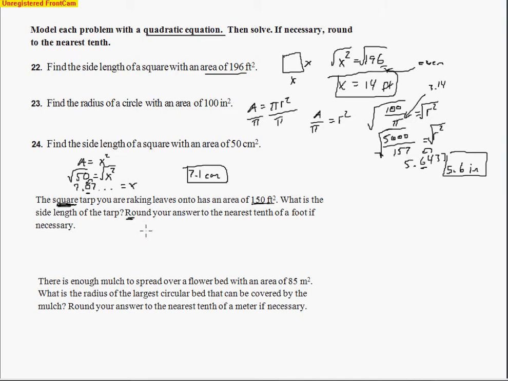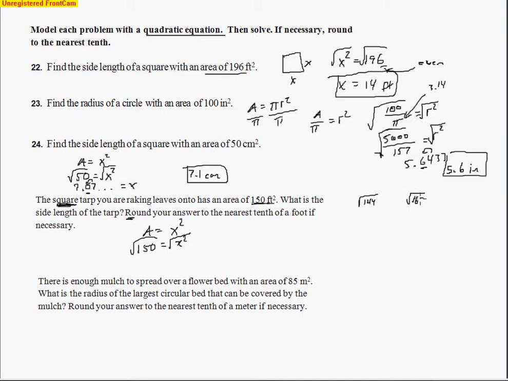So same sort of thing, area equals x squared. Since it's a square tarp, side length squared. So 150 equals x squared. When I take the square root of both sides, all I have to do is find the square root of 150. Now I know the answer is going to be between 12 and 13, because the square of 12 is 144.